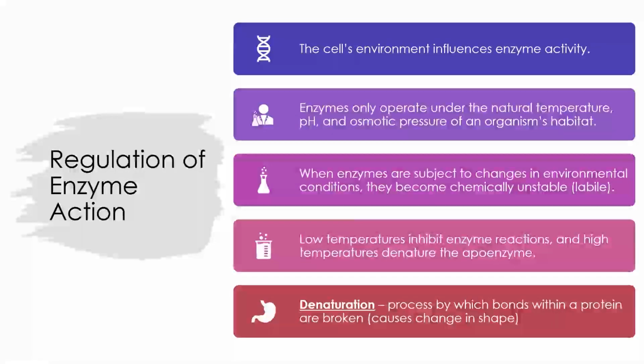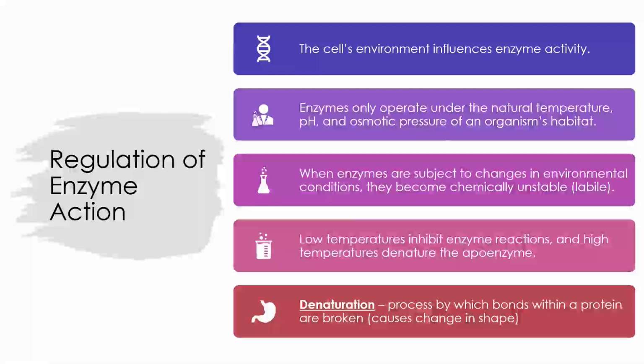The cell's environment influences the enzyme activity. Not only does it influence it based on how much substrate is there, but also the general parameters of the environment affect the enzyme's operation. Enzymes only operate under the natural temperature, pH, and osmotic pressure of the organism's habitat. So there's a very defined range.